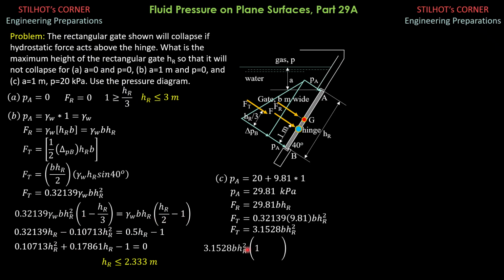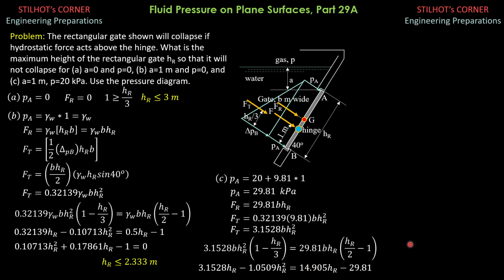So 3.1528 BHR squared, that's FT. This is the moment arm, 1 minus HR over 3, equals FR, which is 29.81 BHR. Moment arm is HR over 2 minus 1. So cancel out BHR, then distribute and simplify. 3.1528 HR minus 1.0509 HR squared equals 14.905 HR minus 29.81.